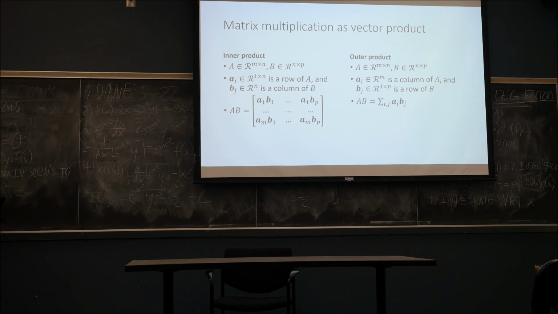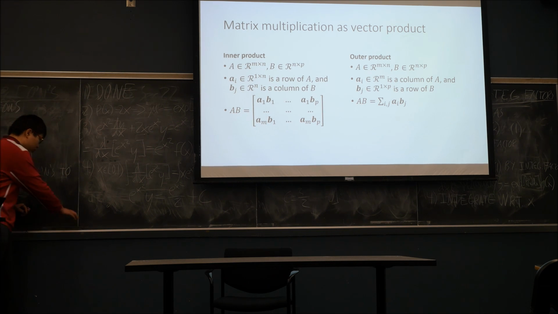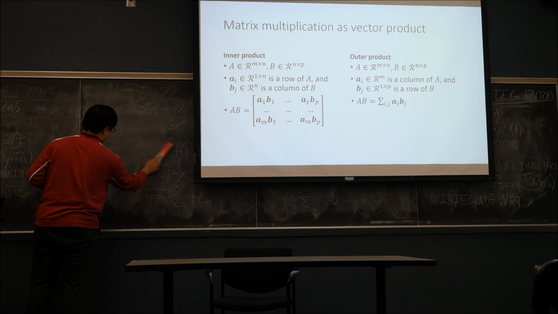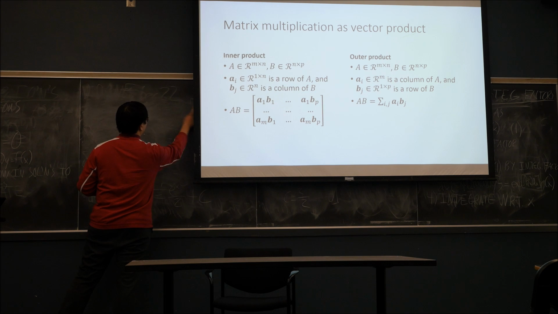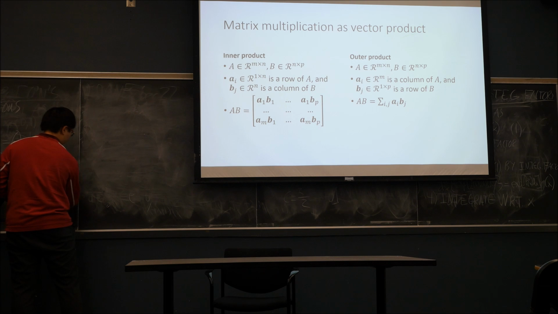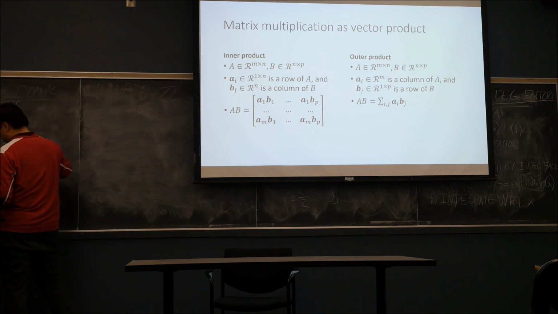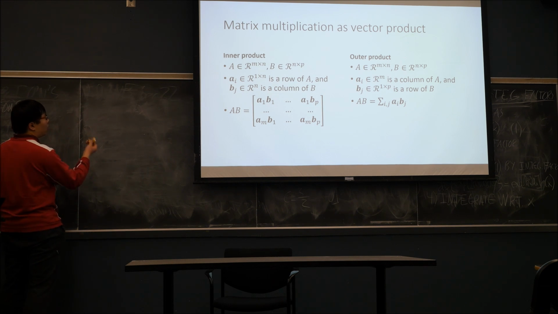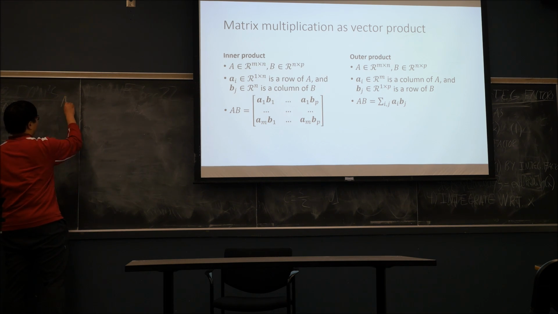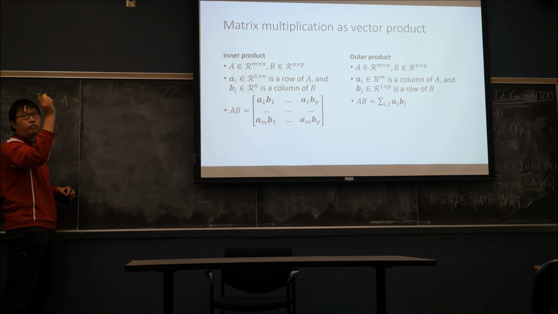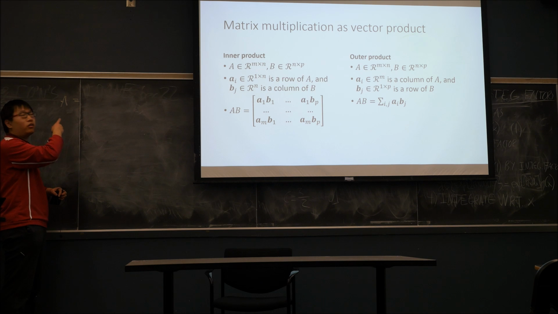Probably the camera cannot see the board, so I can do an example. For the first case, the inner product case, we write A. Can people in the back see that? Okay.